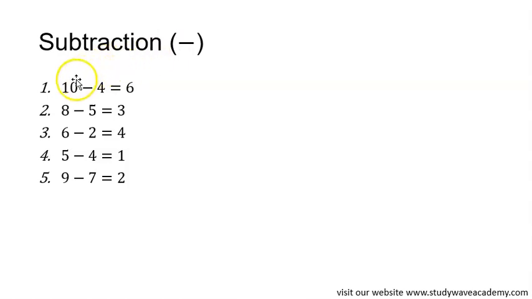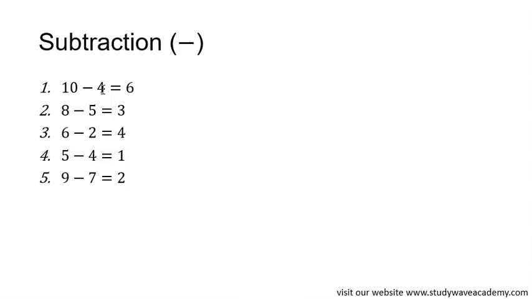So here we have 10 minus 4. We are going to be counting 10 with our fingers to take away 4. Remember, minus is take away, right? So we are going to count 10 with our fingers and take away 4 fingers, and then we count the remaining. Okay, so let's count 10 with our fingers.